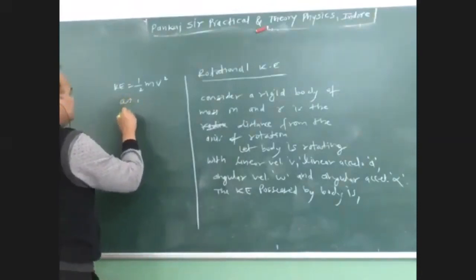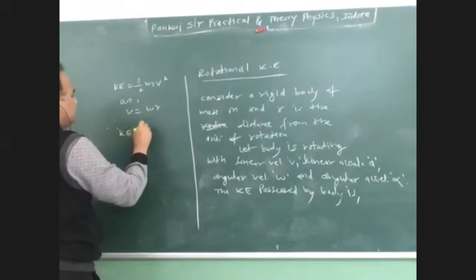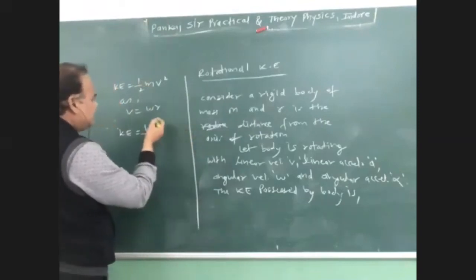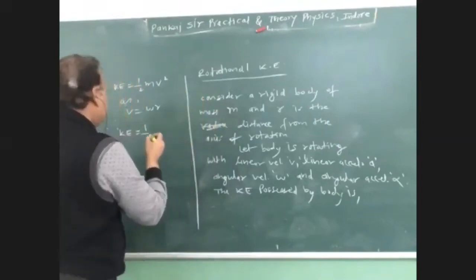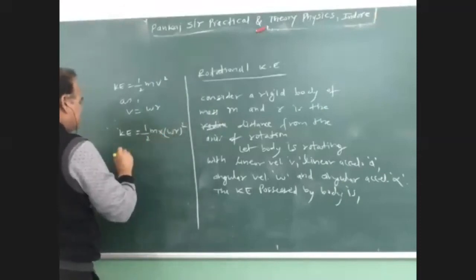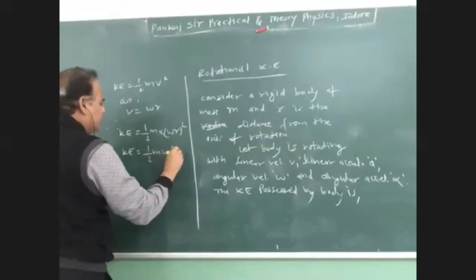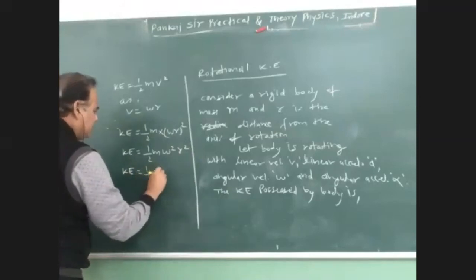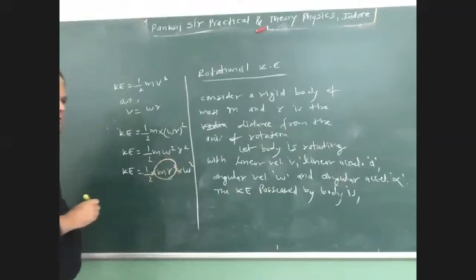So as v is equal to omega r, therefore K is equal to 1 by 2 m, capital भी कर सकता हूँ, स्मॉल भी कर सकता हूँ, इसको स्मॉल ही कर देता हूँ ताकि आपको दिक्कत ना हो. ठीक है, half m into omega r square. Kinetic energy is equal to half m omega square r square, and kinetic energy is equal to half m r square into omega square. Now what is m r square?